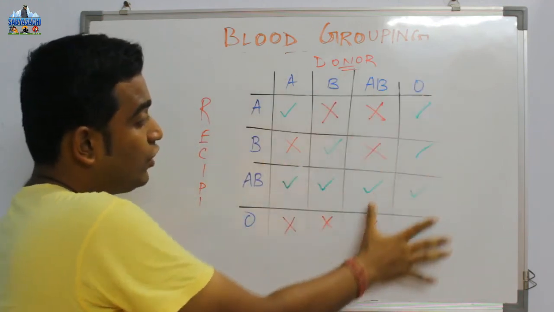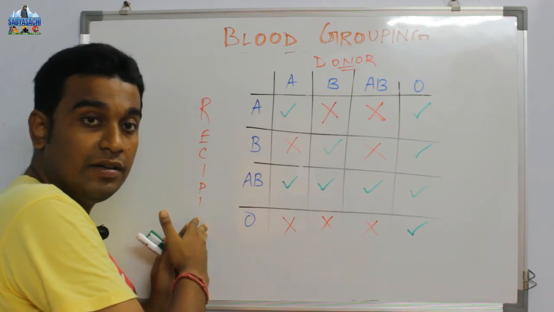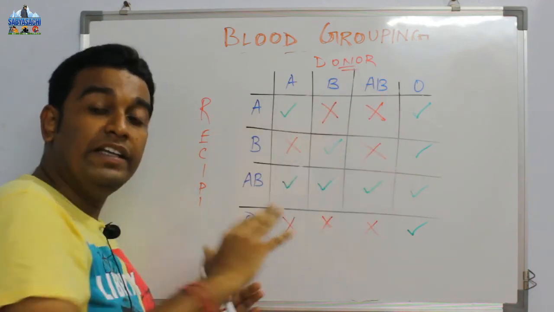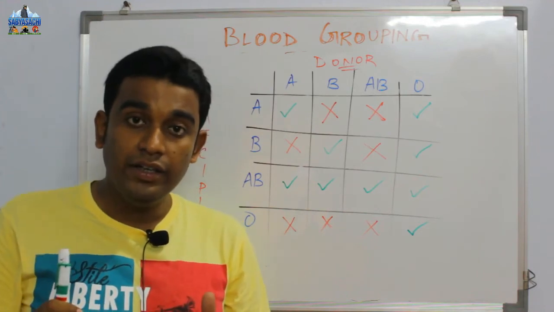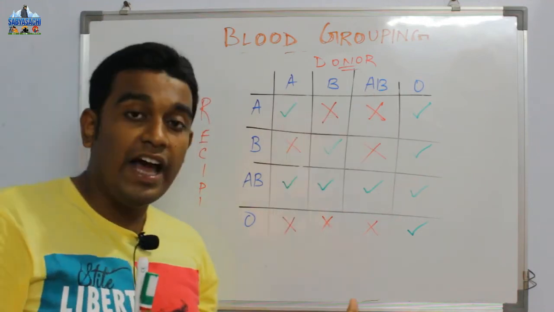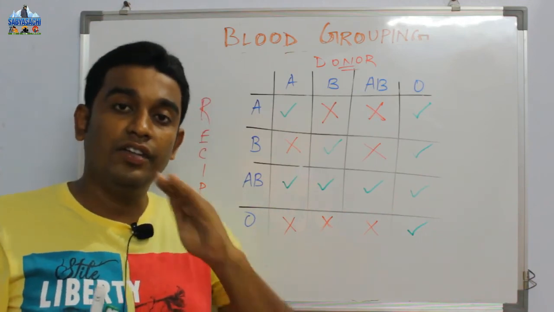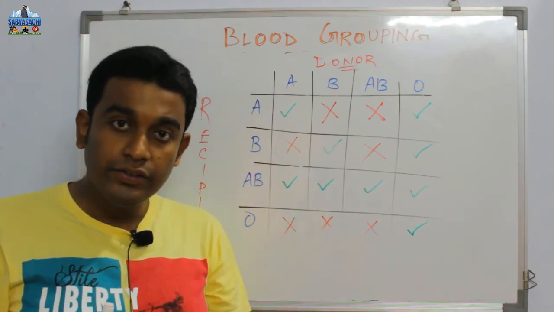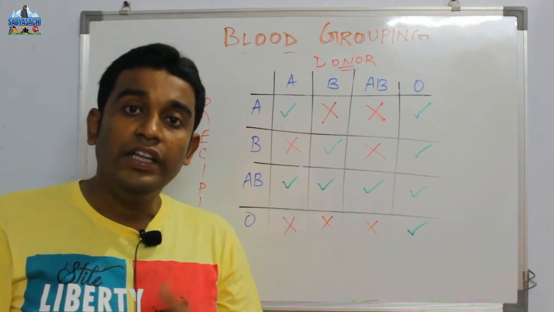So this is the overall chart based on the donor and recipient. But how did we do that? Keeping the presence of antigen and antibody in our mind. And we have seen that presence of antigen will always be there on the surface of the red blood cells. Presence of antibody will always be there in the plasma.